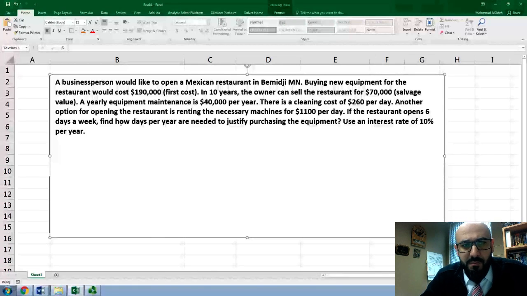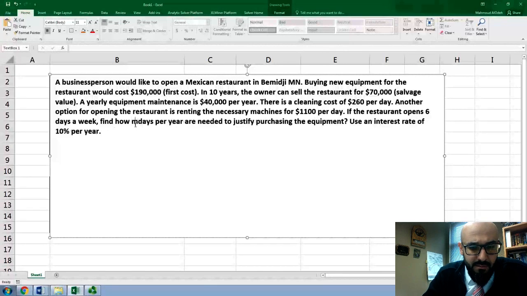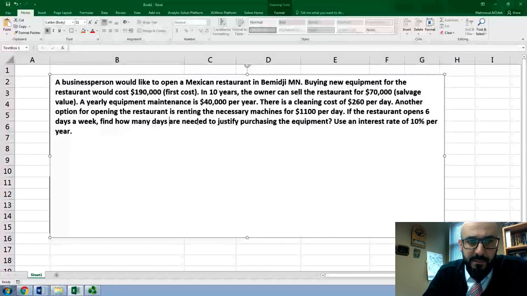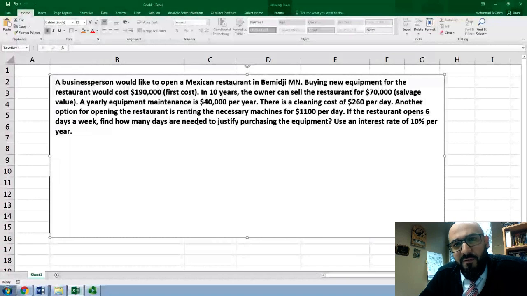And we're going to use 10% as the interest rate. This is one of the typos: how many days are needed to justify the purchase of the equipment? Use an interest rate of 10%.